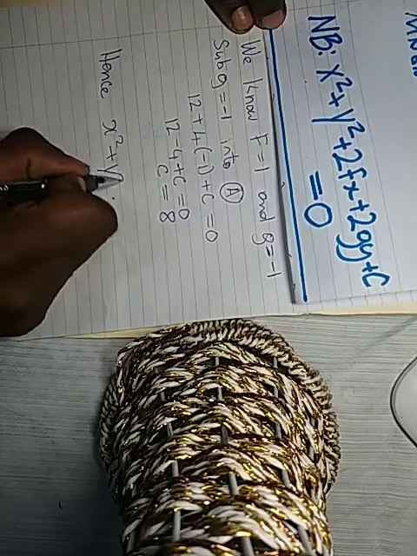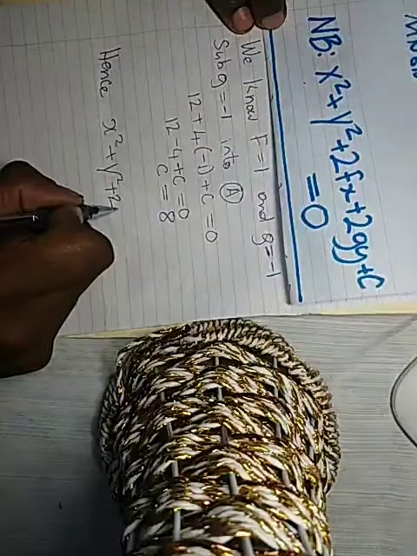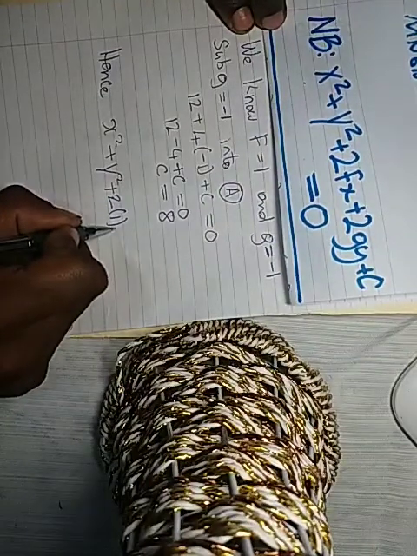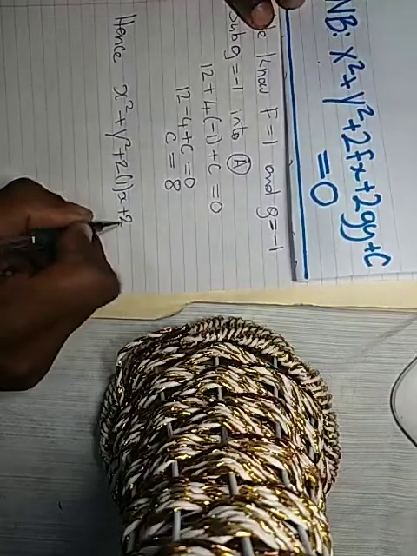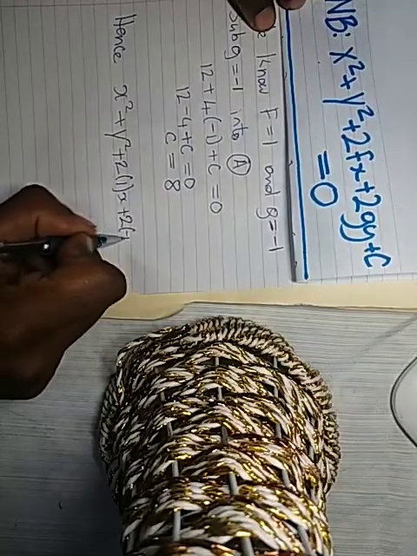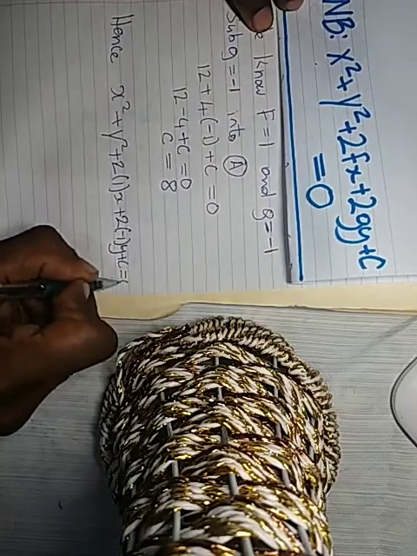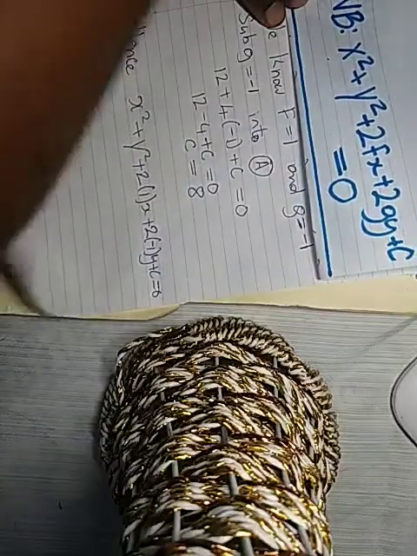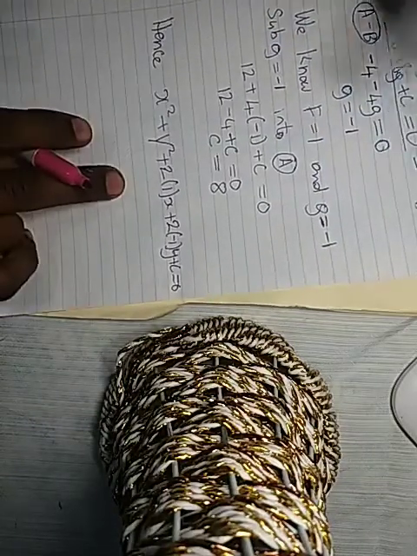From here we can write, hence, x squared plus y squared plus 2f, f is 1, x, plus 2g, g is negative 1, y, plus c equals 0.